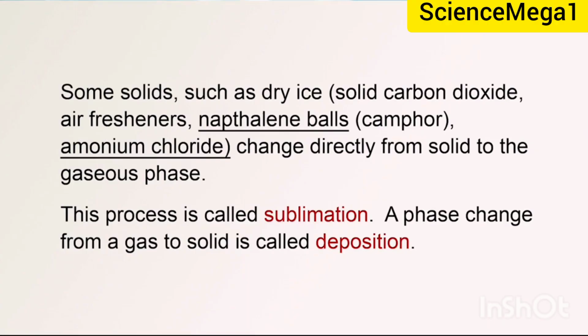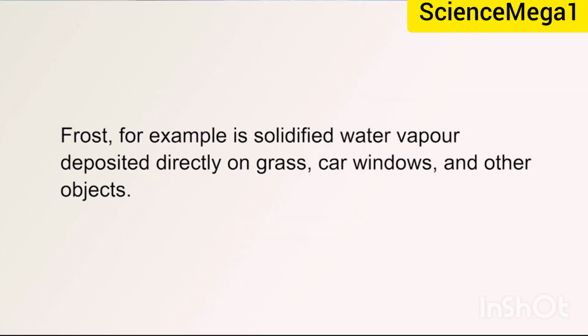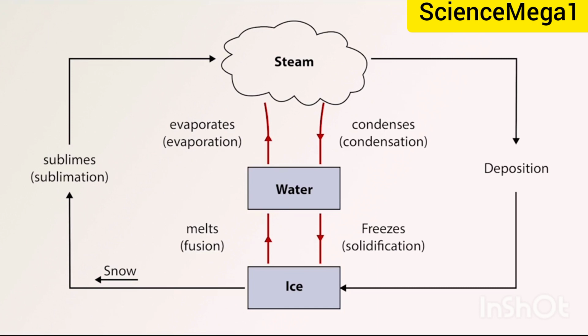This process is called sublimation. A phase change from a gas to solid is also called deposition. Frost, for example, is solidified water vapor deposited directly on grass, car windows, and other objects. These changes have been illustrated in the diagram on your screen.